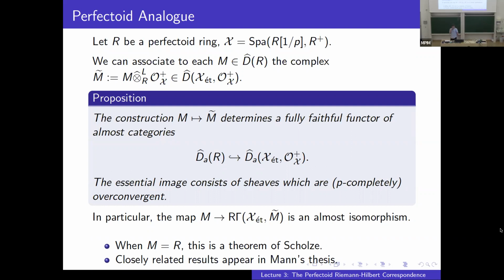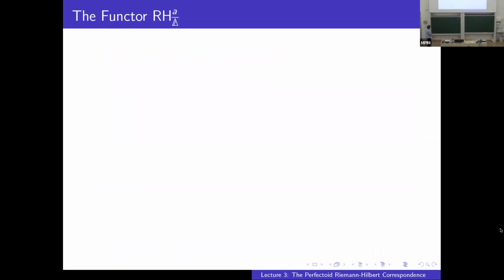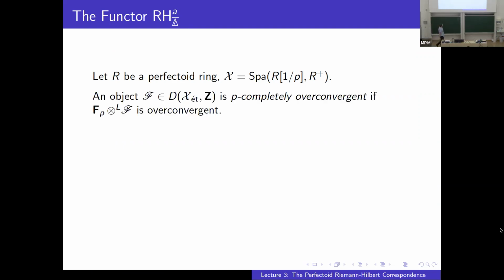Okay, so what does this buy you? I want to use this to give another construction. So let R be a perfectoid ring, let X be this affinoid perfectoid space. And now suppose that I give you a sheaf that now lives on that perfectoid space. I'll say again, it's p-completely overconvergent if it's overconvergent after reducing it mod p.